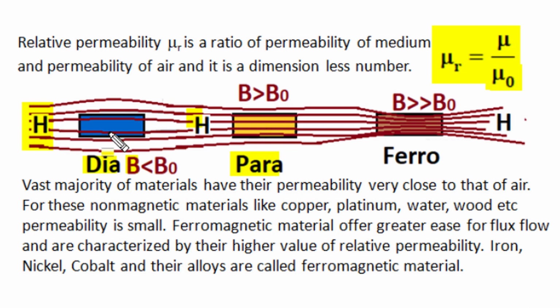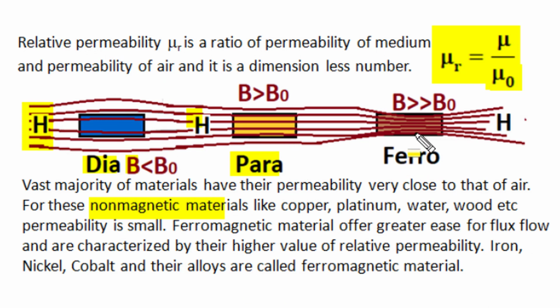Relative permeability of diamagnetic material is slightly less than 1, and for paramagnetic material it is slightly more than 1, but for both dia and para relative permeability is very close to 1, and these materials are known as non-magnetic material. Typical examples of non-magnetic material are all good conductors: copper, aluminum, gold, platinum, manganese, magnesium, water, wood, oxygen. All are either dia or paramagnetic material, and their magnetic properties are very close to that of air.